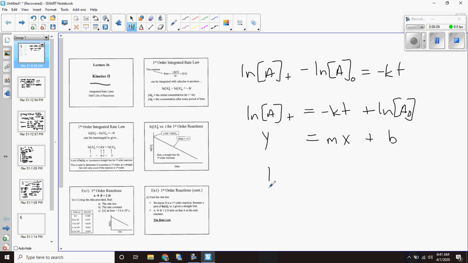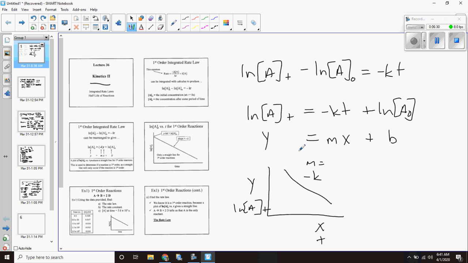So if I plot it, y is going to equal the natural log of A at some time t, x is just time, and the slope is going to give me negative k. Right? So it's kind of cool the way this works out.